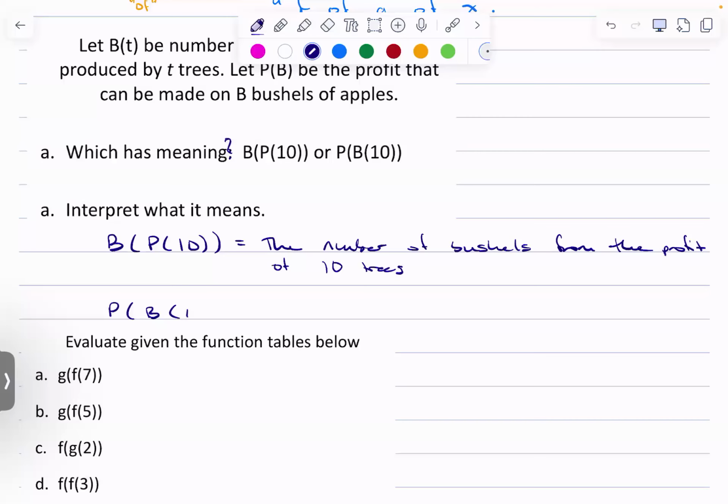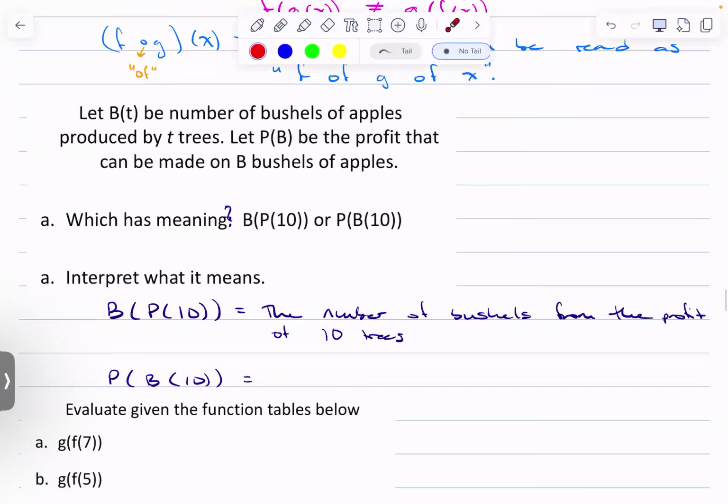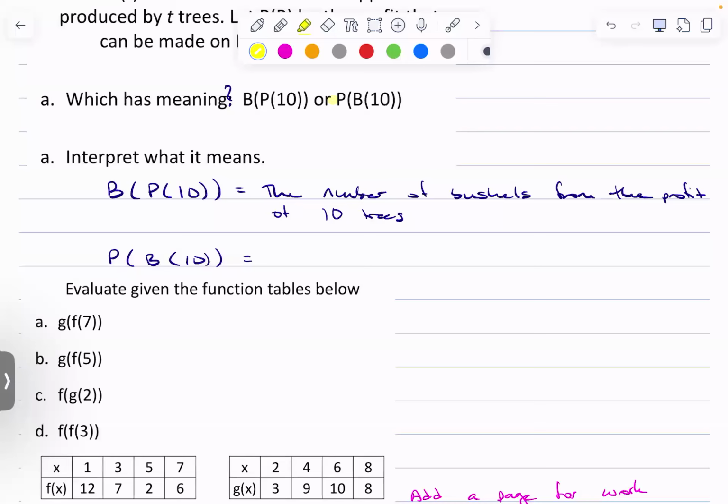Whereas P of B of 10, now my inside function is B, and B tells me the number of bushels of apples produced by 10 trees. So now I have 10 trees, and the output is the number of bushels, and now I have the profit from the number of bushels produced by 10 trees, which I like a lot better and has meaning.